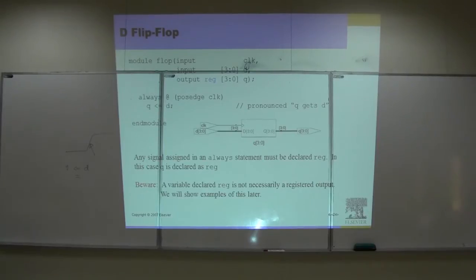If we have some wire or internal signals, then sometimes we also need to put reg. We will see other examples. This is the schematic. This is the D flip-flop.